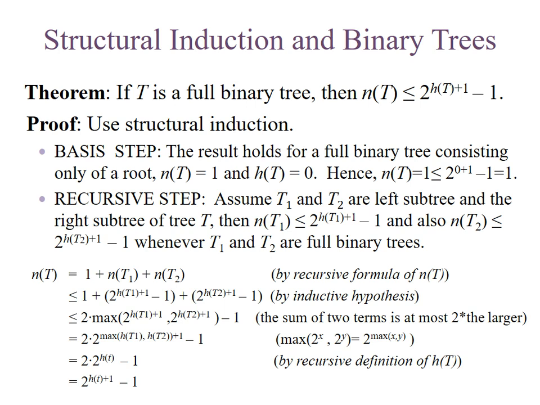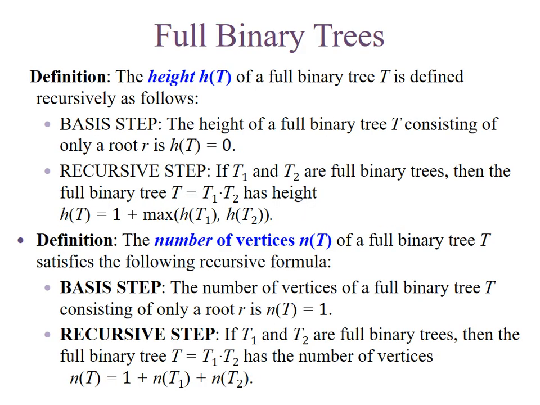And then what is the max of ht1, ht2 plus 1? Actually, it's the definition of the height of the tree, right? So we have the height of the tree is 1 plus the max of the heights of T1 and T2.